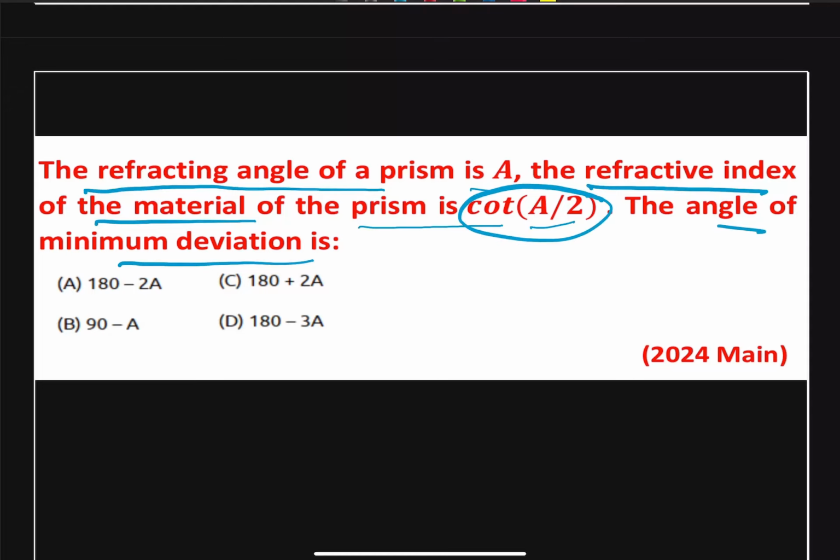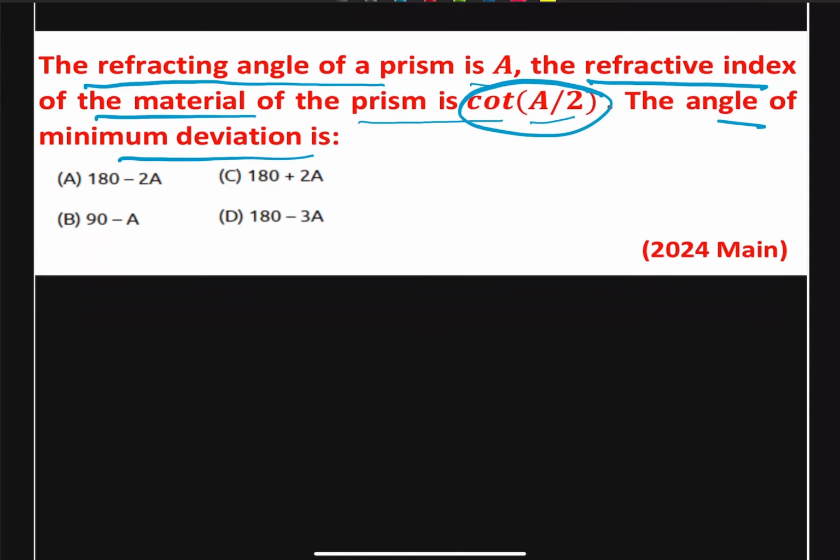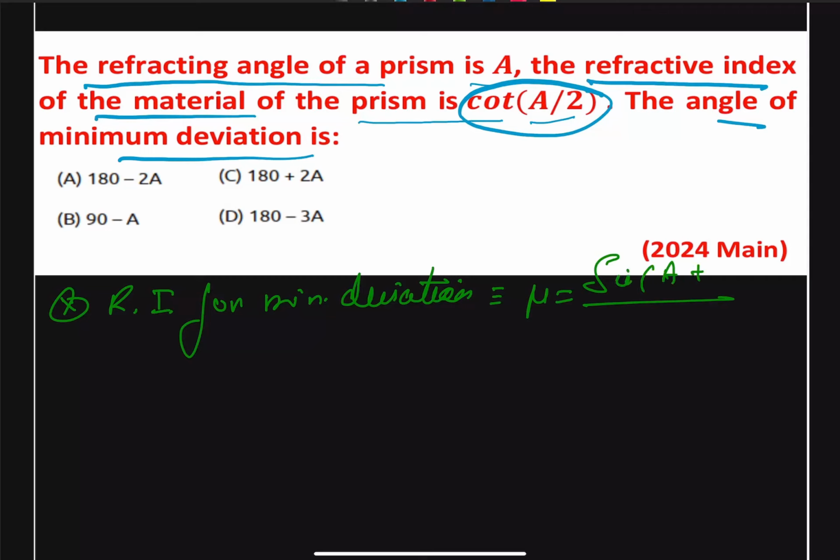The standard formula for the refractive index for minimum deviation: we can write that mu is equal to sine of (A plus delta m) divided by 2, divided by sine of A by 2, and mu is given as cot A by 2.